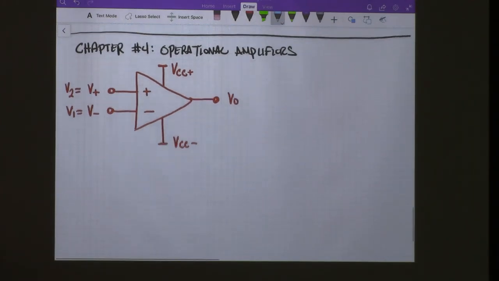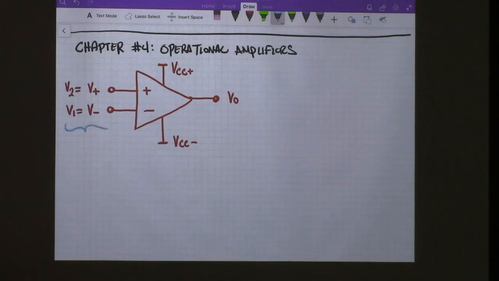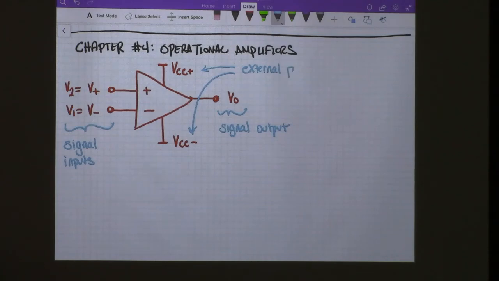So these are the signal inputs. This is the signal output. And then these two are your external power supplies.